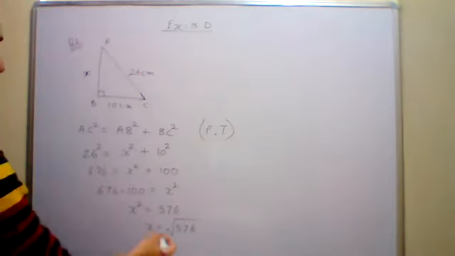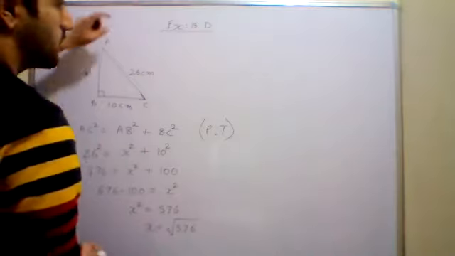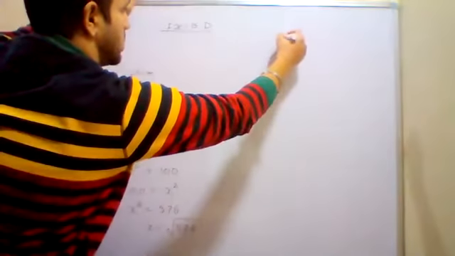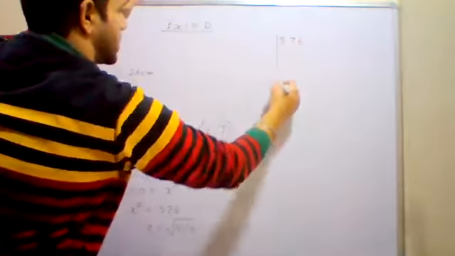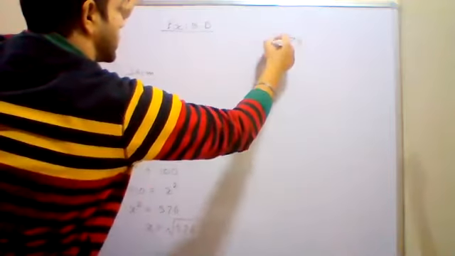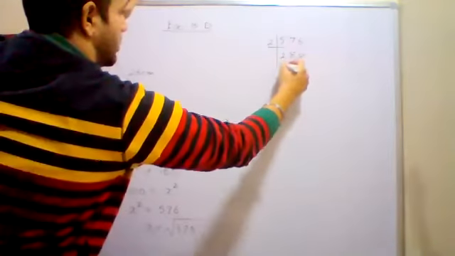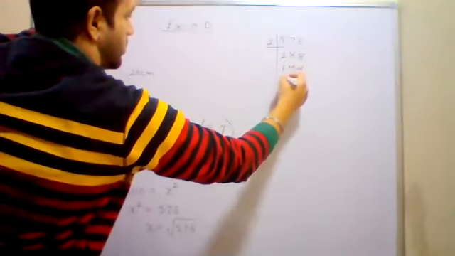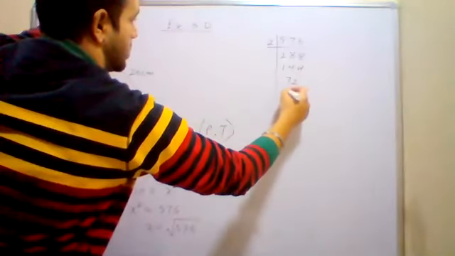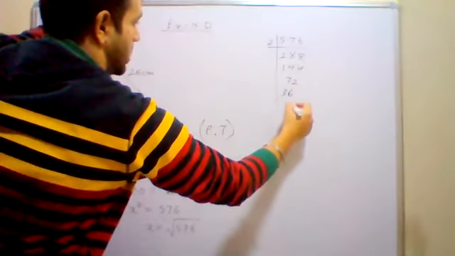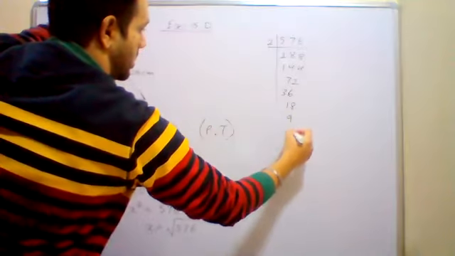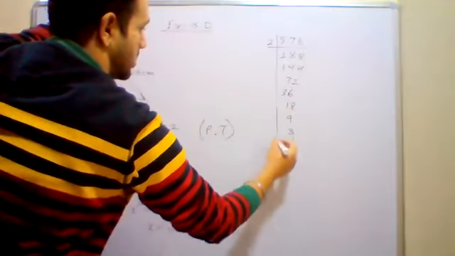How do you find the square root of 576? Yesterday I told you how to find the square root of a number. So for 576, you will do the prime factors: 2, 288, 144, 72, 36, 18, 9, 3, 1.